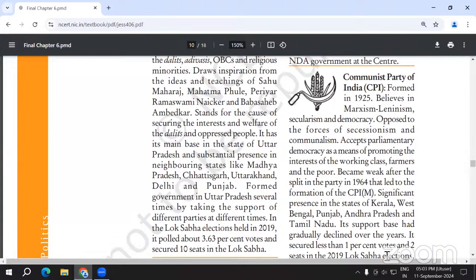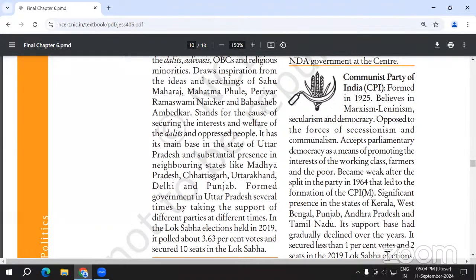Okay. It was formed in 1925. Let us go back to Russia. Last year, you have studied about socialism. Russia, have you heard about Russia? So the Communist Party was the most important party there. From there only the socialist ideas spread to India.